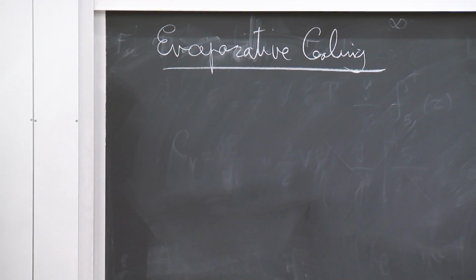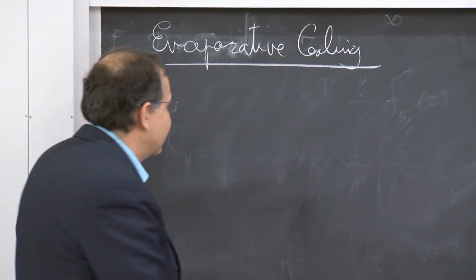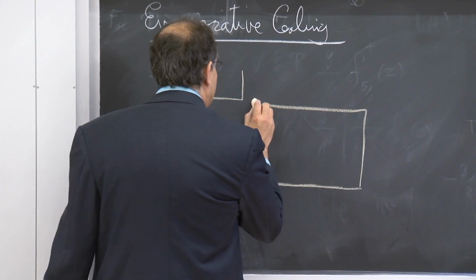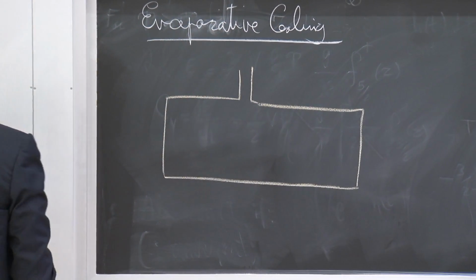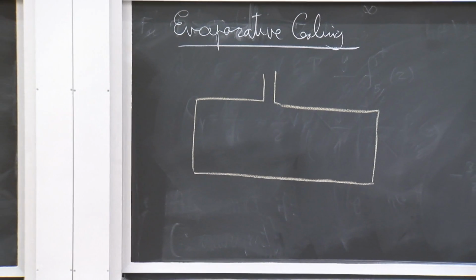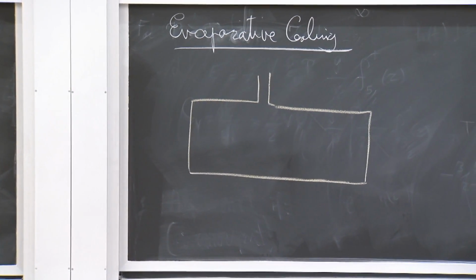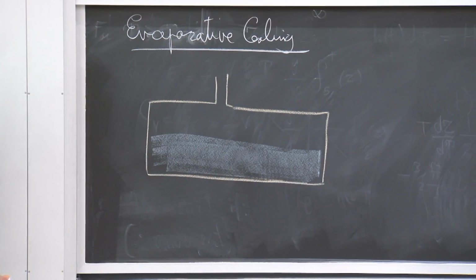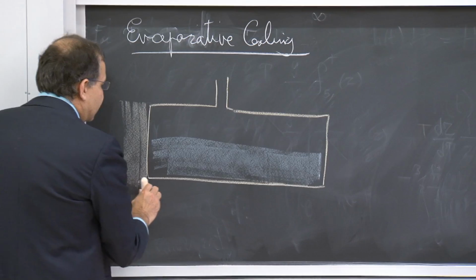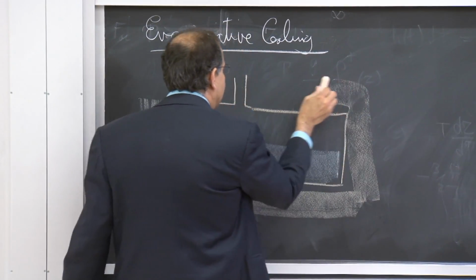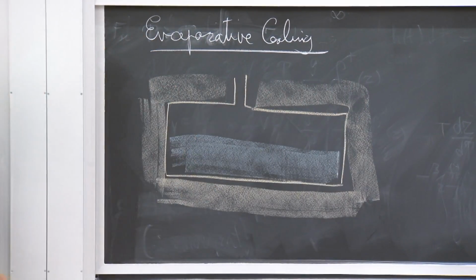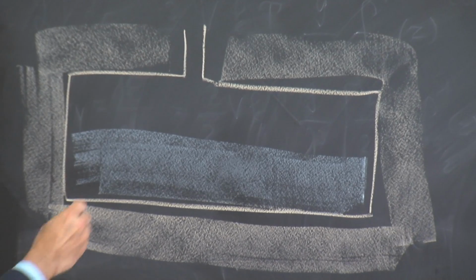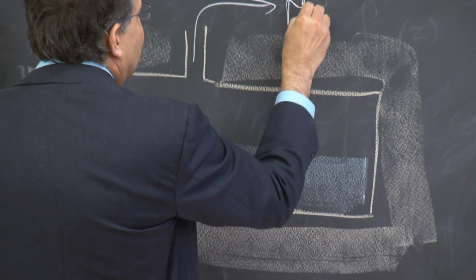And for the case of helium, it is actually reasonably simple to draw what it is. You have a bath that is full of helium that is reasonably nicely thermally isolated from the environment. So you want to cool it, remove the energy from it. And the thing that you do is you pump out the gas.